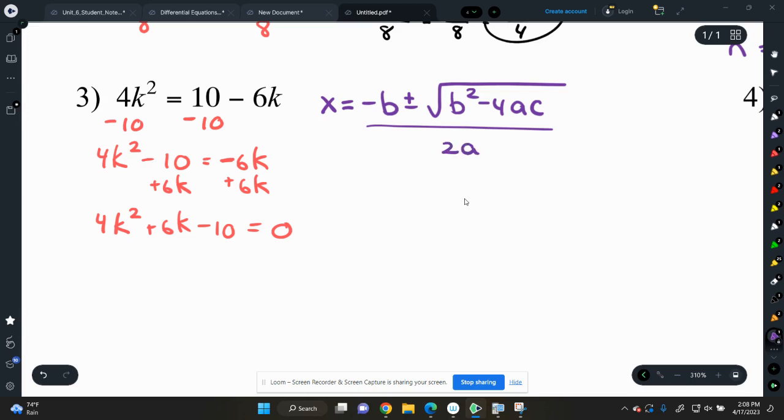Okay, so in this case, it's a k, not an x. So k equals negative b. Dominic, what's b? 6.